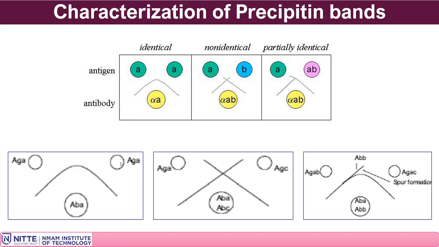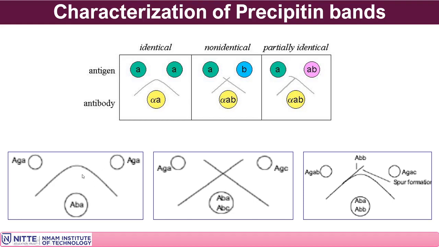The concentration of these two antigens is also the same, and the diffusion force exhibited by these antigens towards the antibody, which is also diffusing in all directions here, and the antigen is diffusing in all directions. Radially, it is diffusing in the agarose gel in all directions.